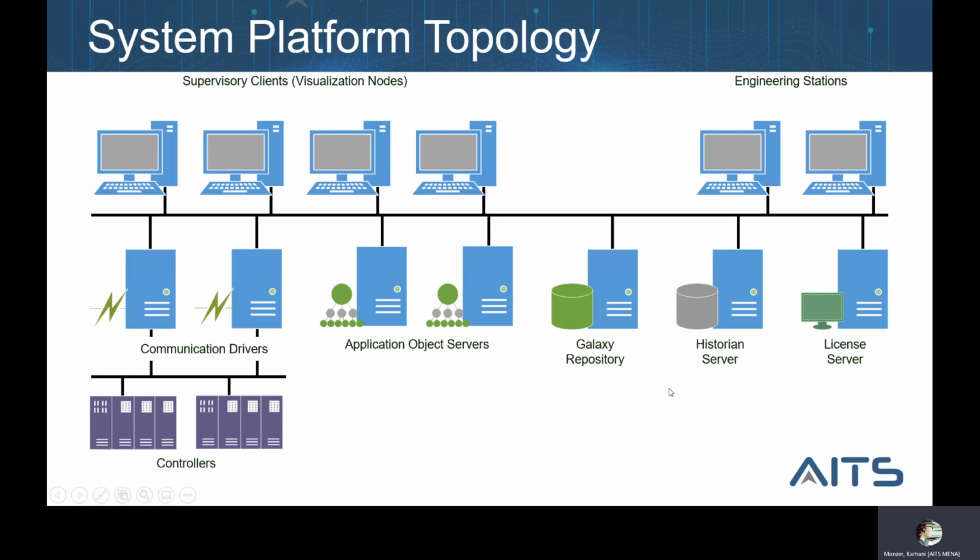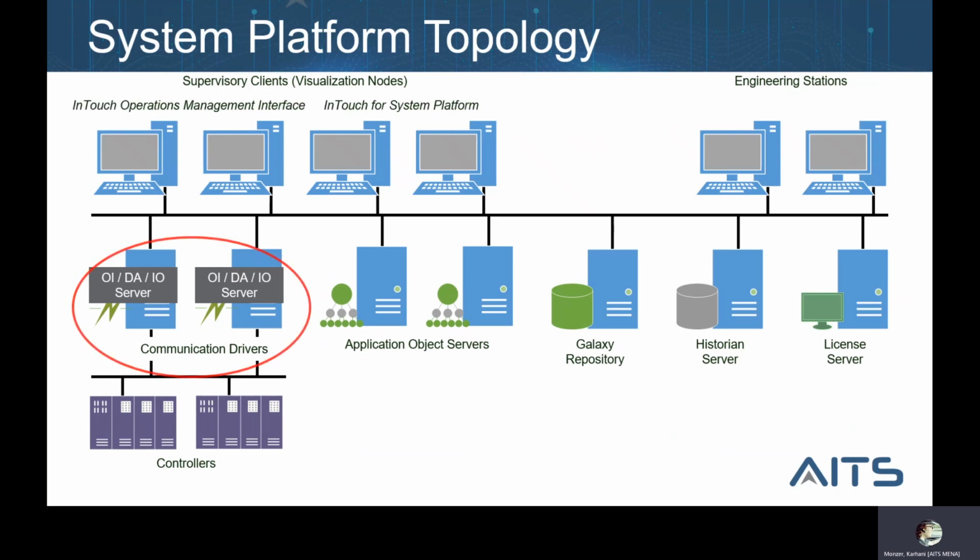Where to find our communication driver in our topology? Well, it is actually where I install my servers, simply as this, where I install the drivers. Where I install the driver is actually my communication driver server, or the communication server. Now, sometimes the objects in the application object server, I put them with their communication drivers.